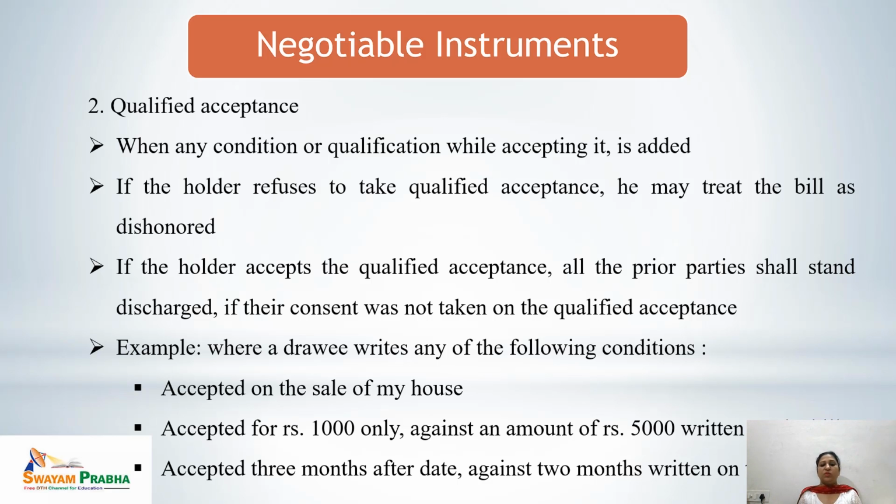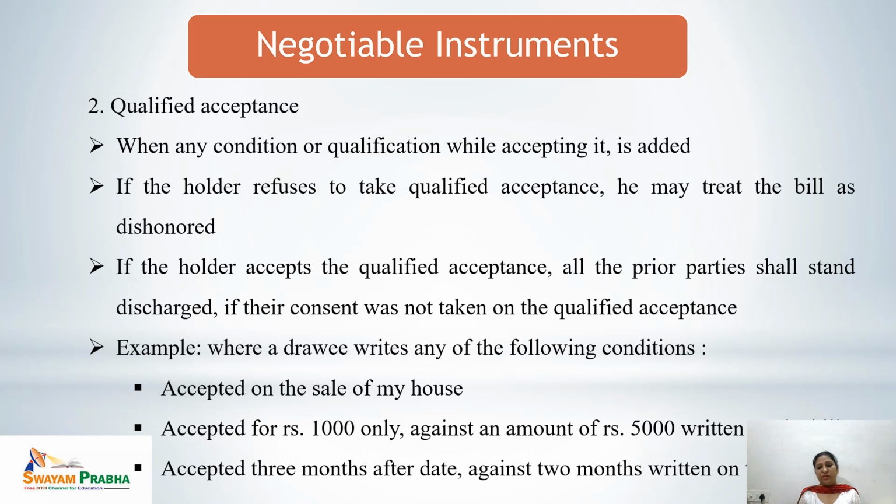Accepted for rupees 1000 only against an amount of rupees 5000 written on the bill. If the bill is for rupees 5000 and it is being accepted for rupees 1000 only, then it is an example of qualified acceptance. Accepted 3 months after date against 2 months written on the bill.